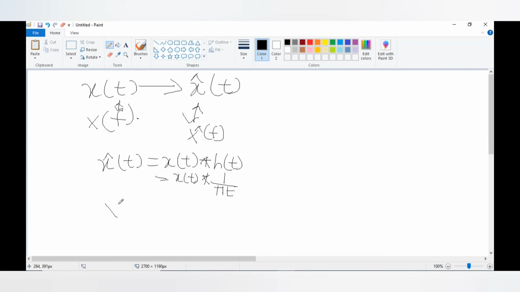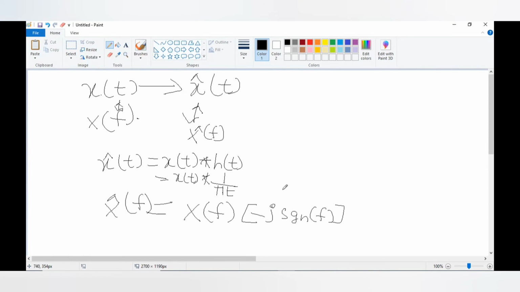So instead of directly finding the convolution, we can use the frequency domain properties. If for x cap of t the Fourier transform is x cap of f, then in the frequency domain, x cap of t is x of t convolution with 1 by pi t, which we can write as x of f multiplied with the Fourier transform of 1 by pi t, which is minus j signum of f.